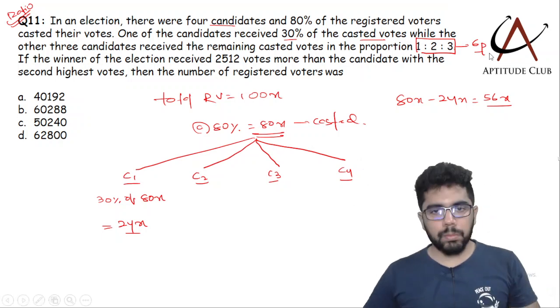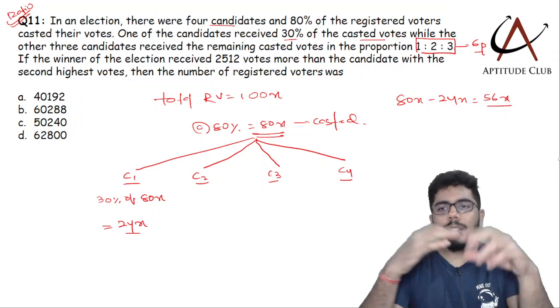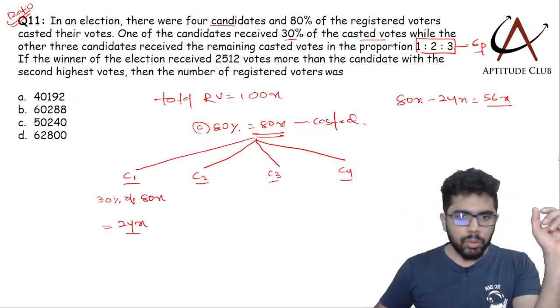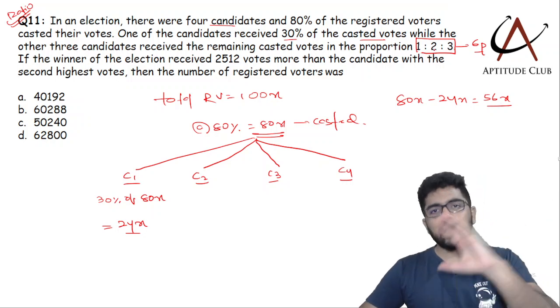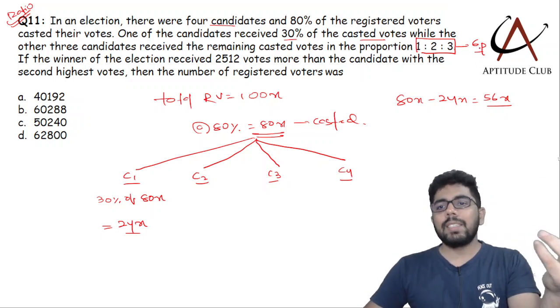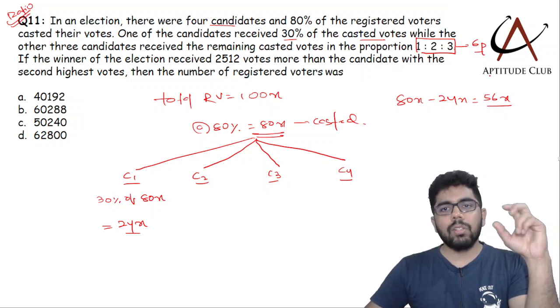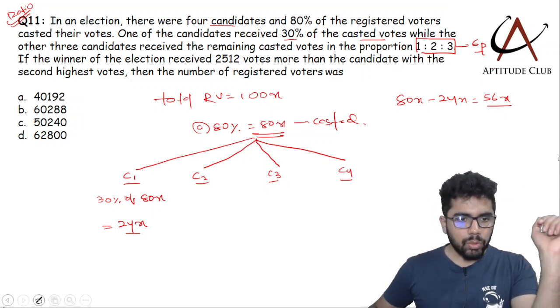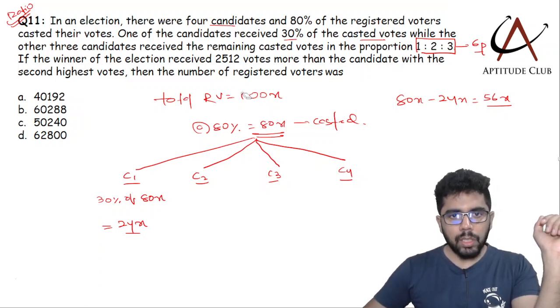Now here comes the problem. Not actually difficult. What we can do is maybe simplify it a little bit. You can solve it in this way: 56x you distribute in the ratio 1:2:3. That is also correct. But breaking 56 into 6 parts can be a little difficult. Because there's a lack of 6 or 3, instead of 100x, my initial assumption, I'll take it as 300x.